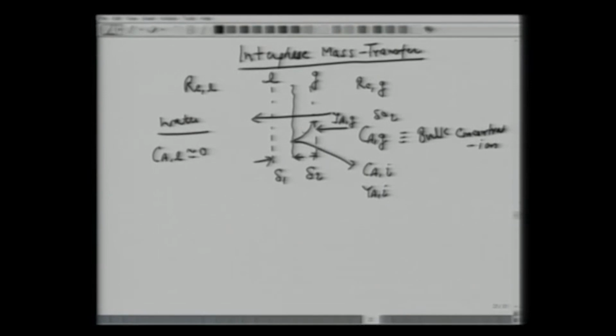So now the concentration drops at the interface. Within the liquid side there will also be concentration gradients. So the concentration will also drop from some interface concentration, which we can denote as XAi, so X for liquid phase, Y for gas phase, and then we have again the bulk concentration, equivalent to this, as XAL.